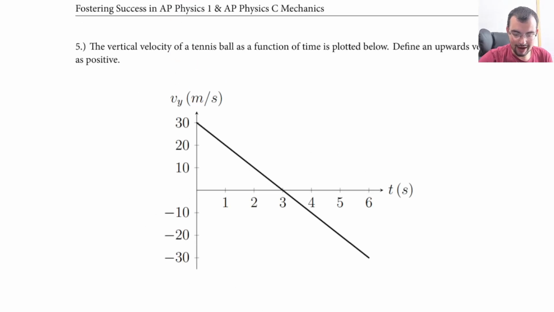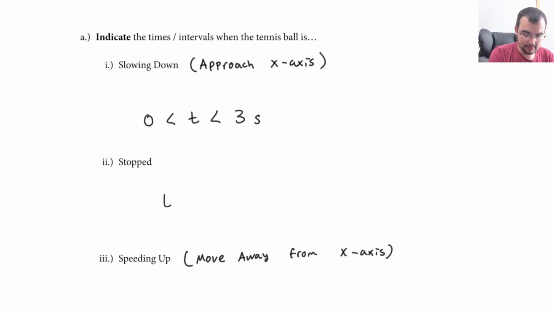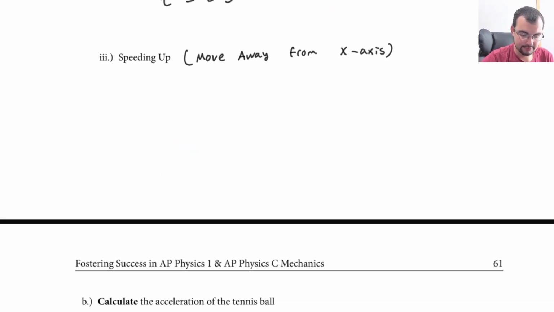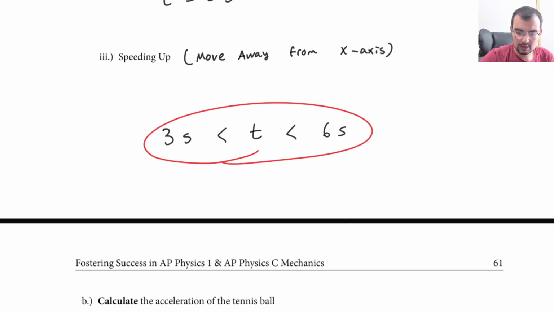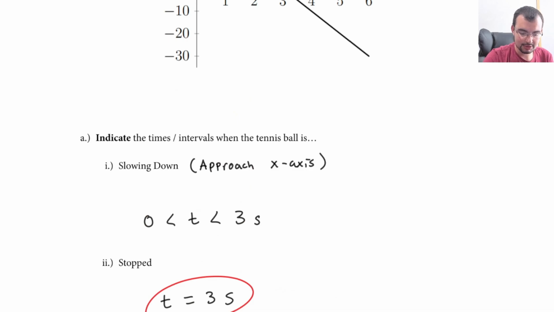The graph is exactly 0, stopped, at t equals 3. And the numbers are getting bigger in absolute value on 3 to 6. So we see that the ball slows down, then the ball stops, then the ball speeds up.